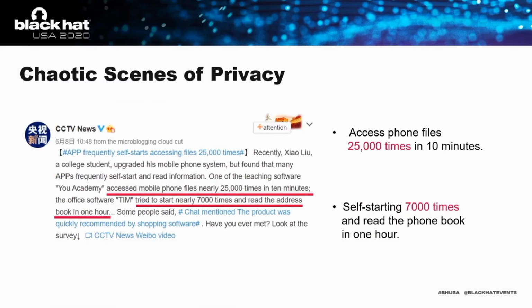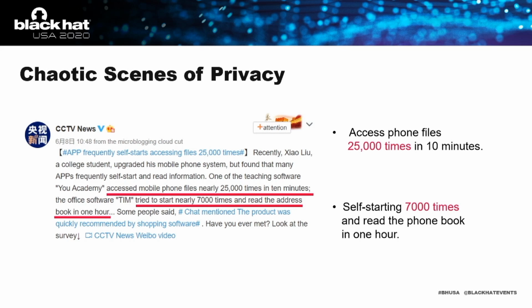So, in fact, stealthy access to Android phones may happen to us every day, because it's difficult for us to figure out what the apps are doing behind the scenes. For example, in June this year, CCTV, an authoritative Chinese media outlet, revealed some shocking privacy chaos in Android apps.